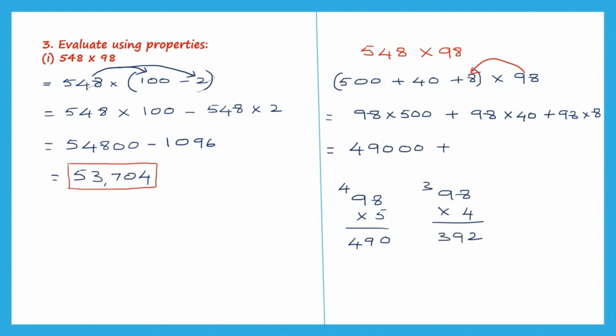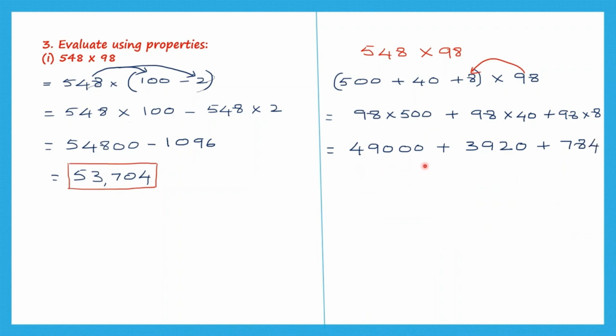So that is 392. Then add the 0 from 40. Plus 98 into 8. 8 8s are 64, carry 6. 8 9s are 72, plus 6 is 78. 784.